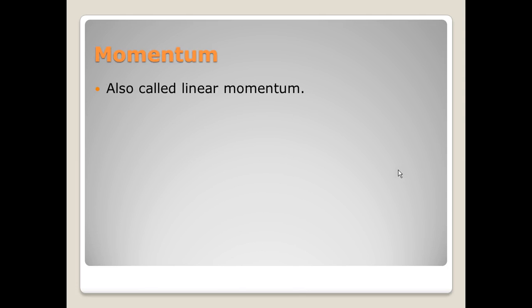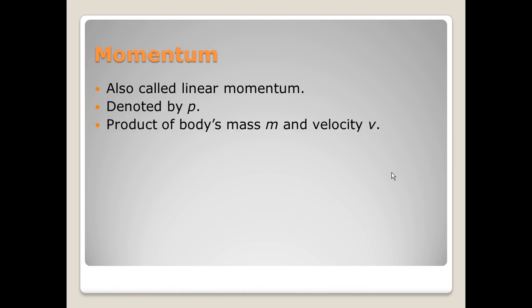When we refer to momentum, we are also referring to what we call linear momentum. This involves the quantification of motion of objects moving along a straight line. Momentum is denoted by small letter p, and it is defined as the product of the body's mass and velocity.